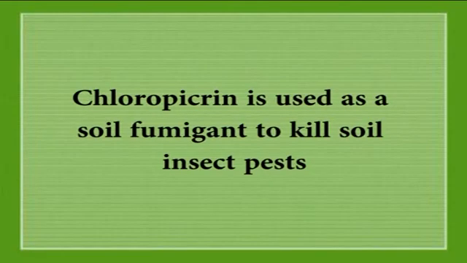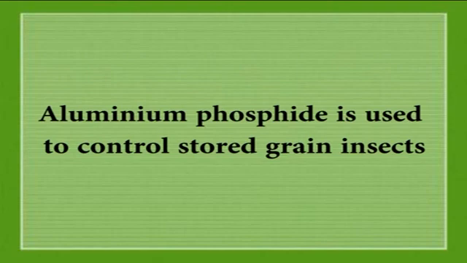Next is fumigation materials. The only material considered as a fumigant used in vector control is zinc phosphide. It is a rodenticide. Chloropicrin is used as a soil fumigant to kill soil insect pests, and aluminium phosphide is used to control stored grain insects.